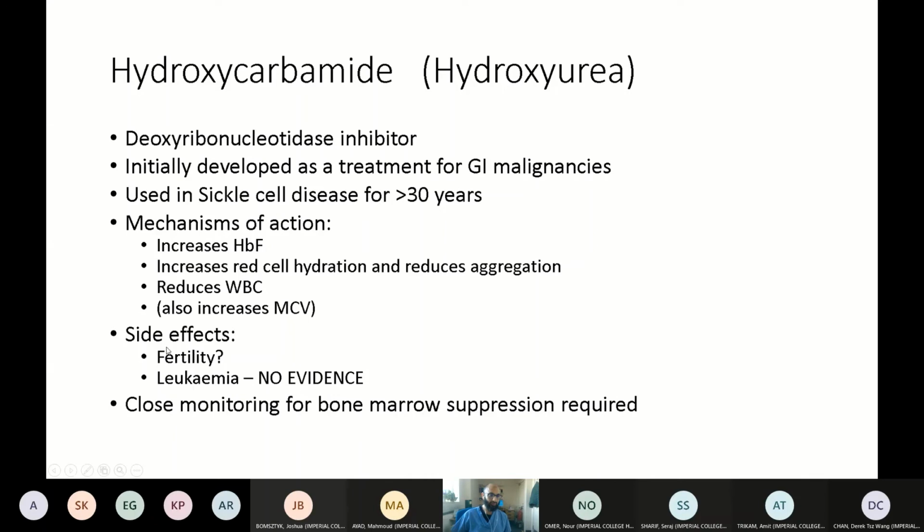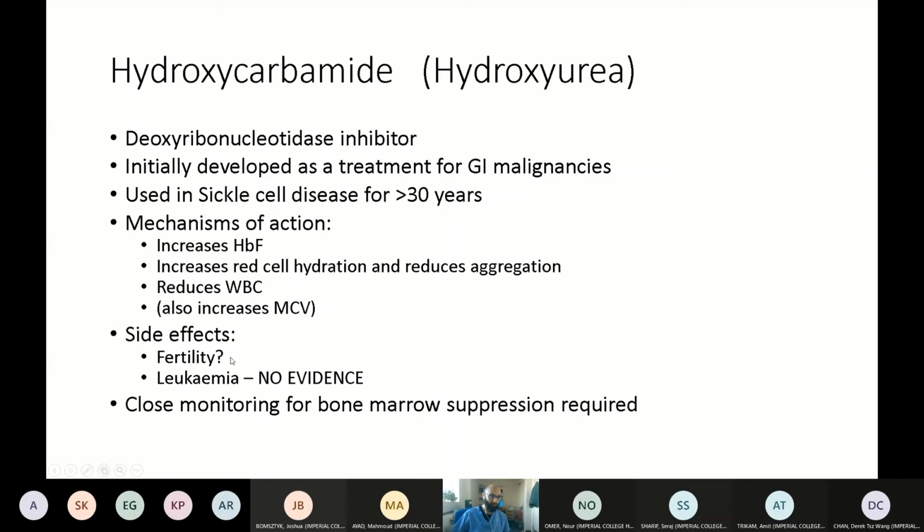The question is a little bit open in terms of impaired fertility in males, whether it's due to hydroxycarbamide or whether it's due to sickle cell disease, because we know that sickle cell itself has an effect on male fertility and the numbers and quality of sperm in men.